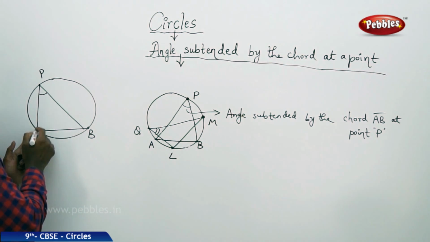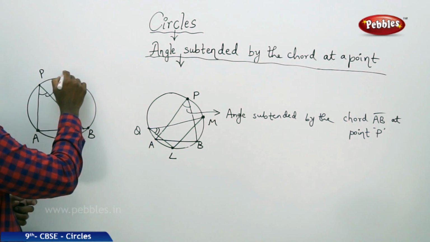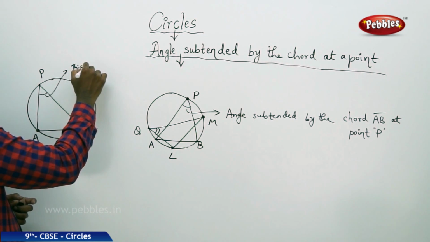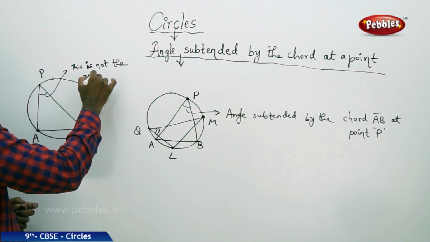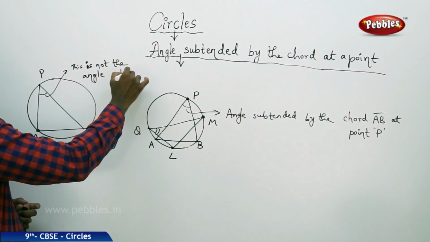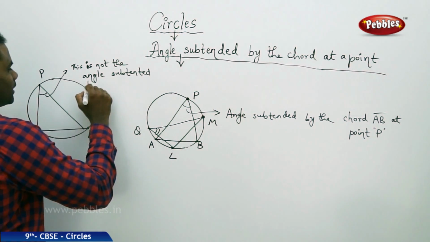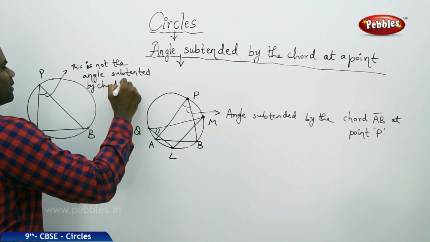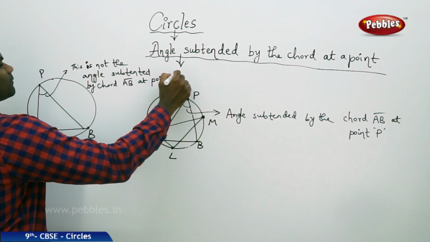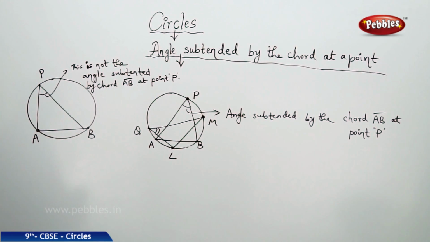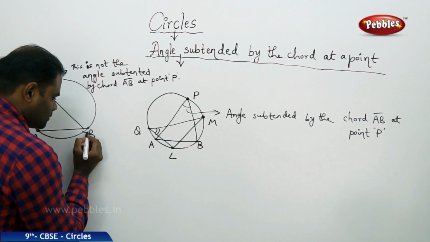But since this does not get subtended with the point, therefore I say this is not the angle subtended by chord AB at point P, because this region is left over.